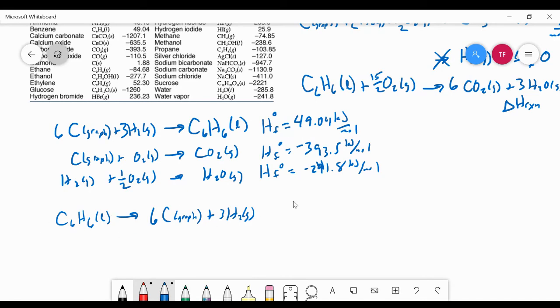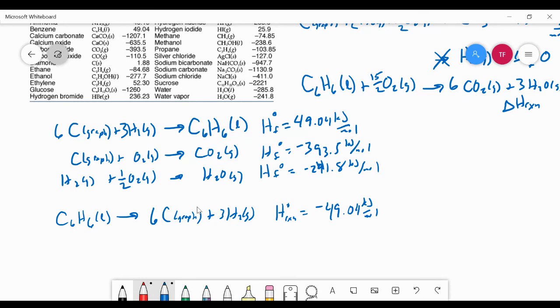Well, if we flip a reaction, what you need to know is that the enthalpy for that reaction will also flip in sign, because in one direction it's endothermic and in another direction it's exothermic. So notice now we have C6H6 on the reactant side, and here we have C6H6 on the reactant side. Notice that we have carbon dioxide on the product side, and here we have carbon dioxide on the product side.